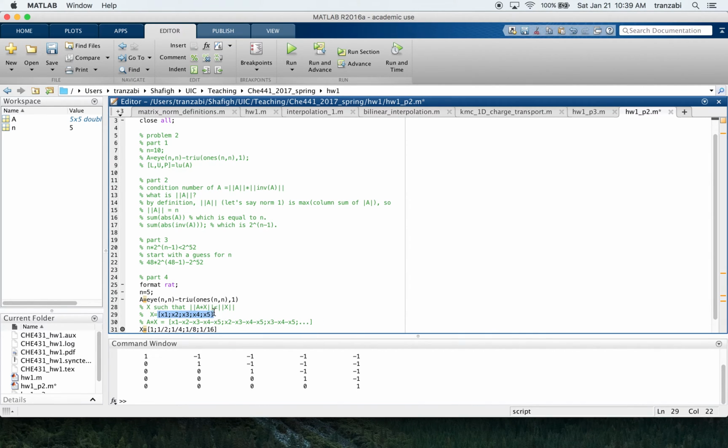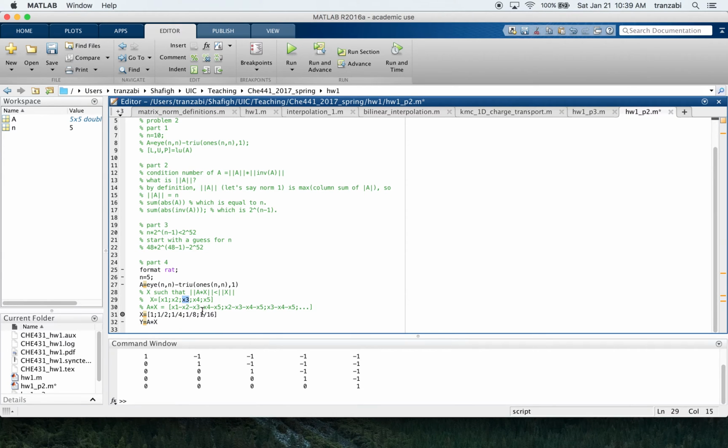So an easy try would be, what if I make element 1 less than x1, element 2 less than x2, element 3 less than x3, and so forth. Now if x1, x2, x3, x4, x5, all of them are positive, by looking at the inverse of A, you can guess that this would work.